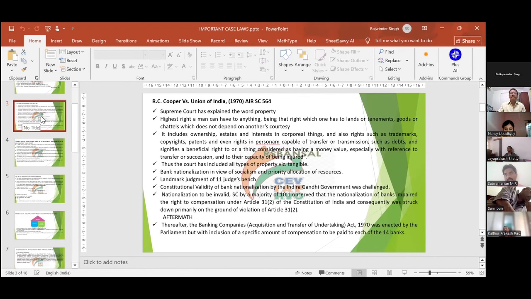It was given by an 11 judge bench. Remember, the constitutional validity of bank nationalization by the Indira Gandhi government was challenged under this case. The nationalization was held to be invalid by a majority of 10:1, observing that nationalization of banks impaired the right of compensation under Article 31(2) of the Constitution of India, and consequently was struck down primarily on the ground of violation of Article 31(2).